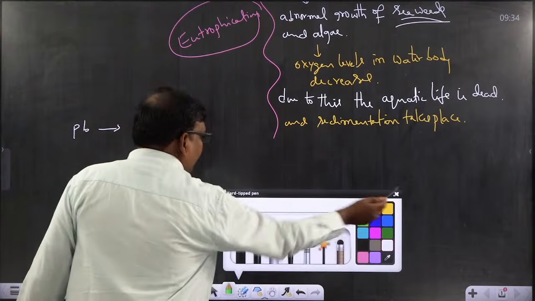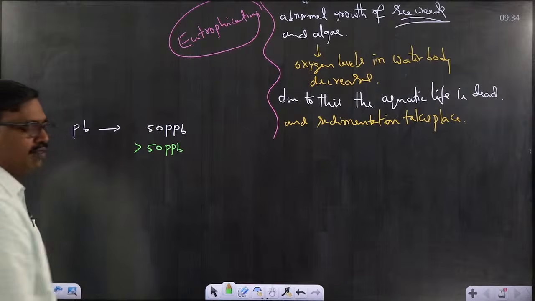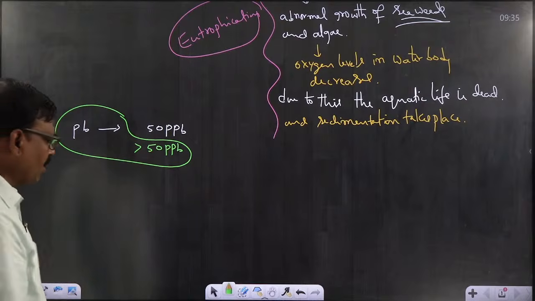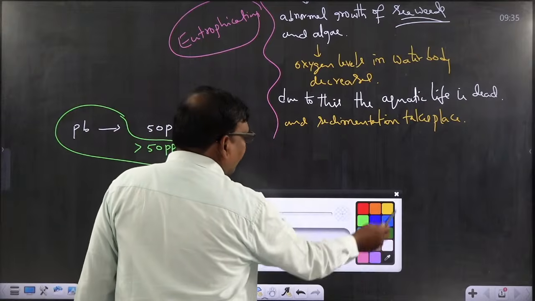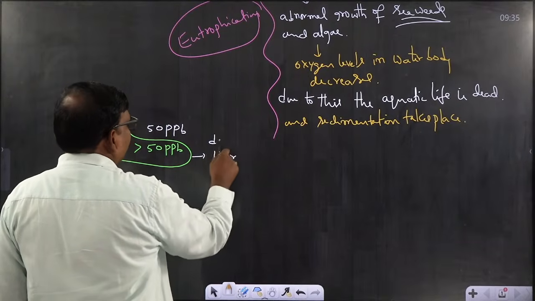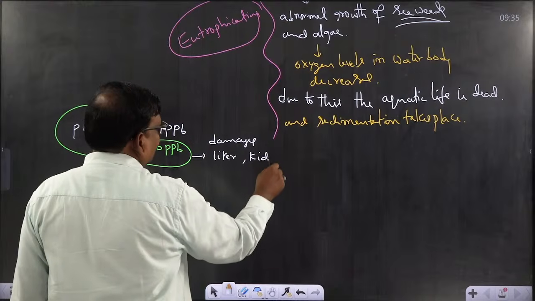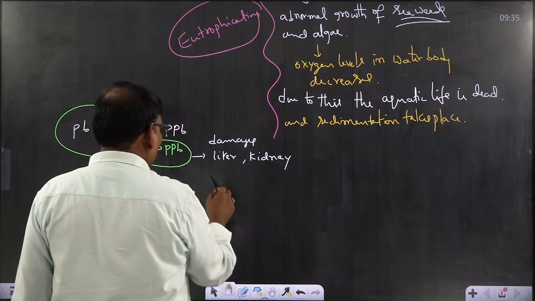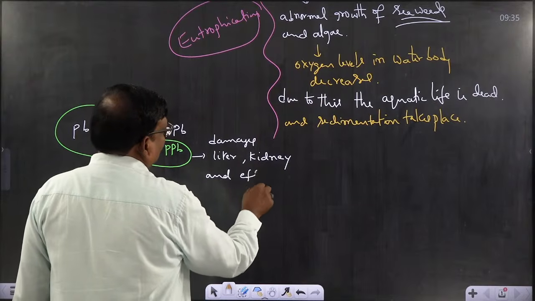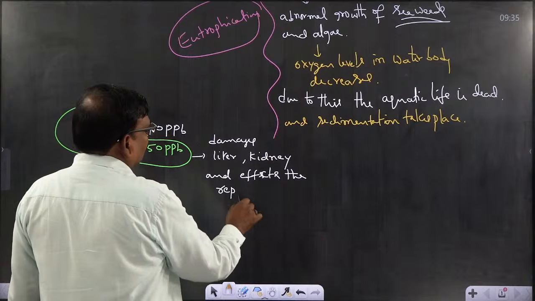Whenever the concentration is greater than 50 ppb, it causes harmful effects: liver damage, kidney damage, and it also affects the reproductive system.